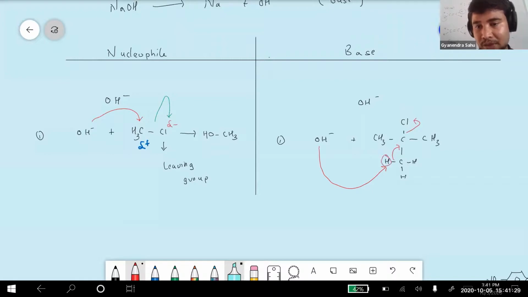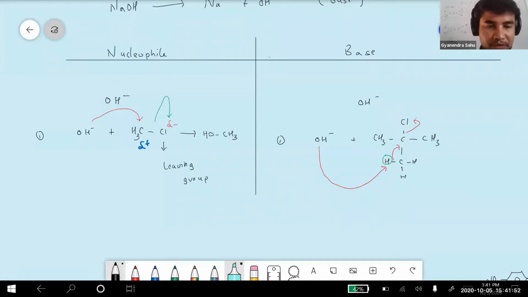And understand one thing: this hydrogen which it is trying to take out is very small. Taking out a small substance from any position would not cause so much repulsion or steric hindrance. So it can actually abstract the hydrogen. That's where a nucleophile and a base differ.